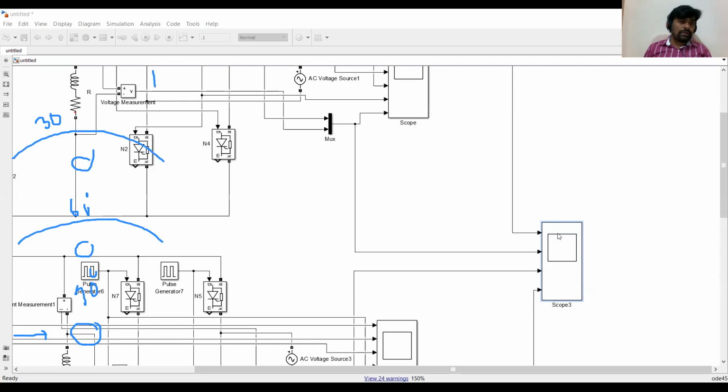But for the other cycle, it is completing only the negative half cycle. So what is called frequency division is 2, because the input frequency is 50 Hz. So dividing by 2 means the output frequency is 25 Hz.